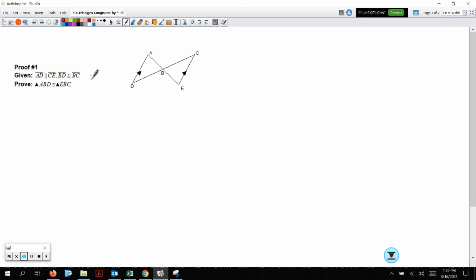All right. Let's see if we have enough information to prove some triangles are congruent here. So first off, it tells us AD is parallel. That's what this means, parallel. All right. So that tells us some things about the angle relationships, right? Remember alternate interior angles, right? So I have D is congruent to C. Alternate interior.